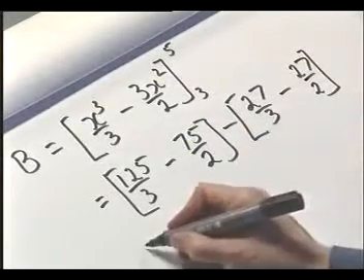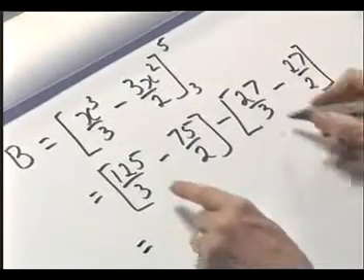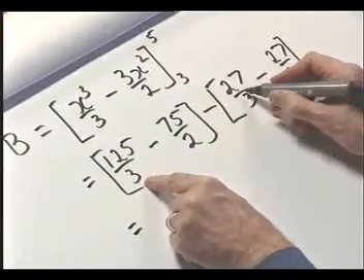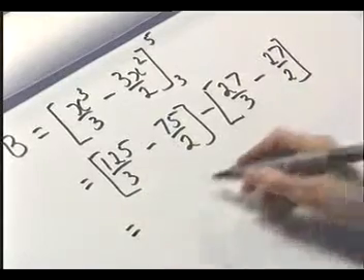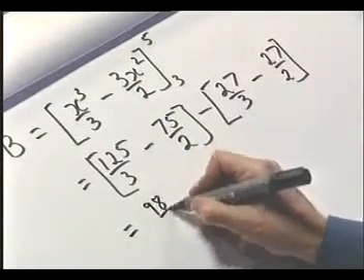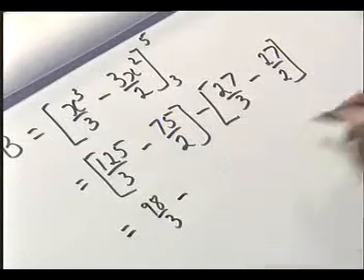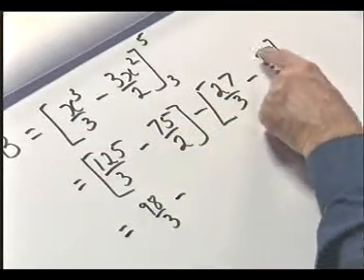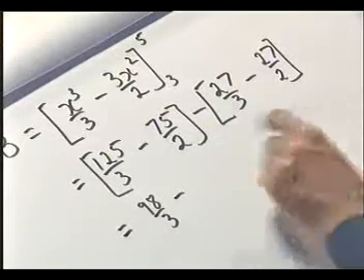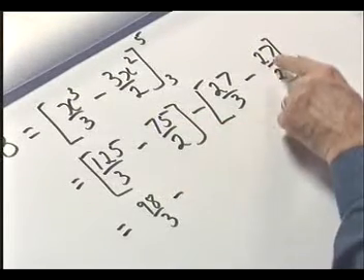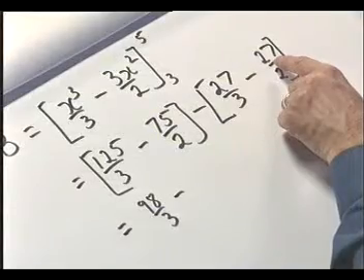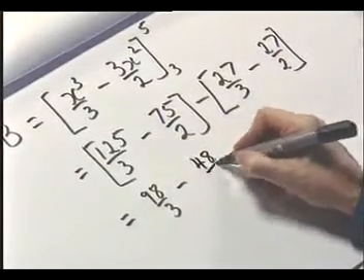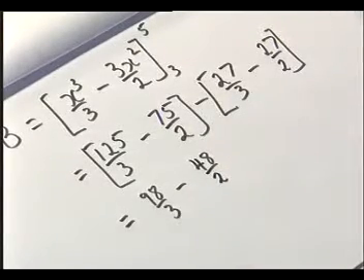Okay. Let's tidy up these bits first. 125 over 3 minus 27 over 3, well, that's 98 over 3. Minus, now I have minus 75 over 2 minus 27 over 2. So I've got minus 75 plus 27, and that is going to give me 48 over 2.